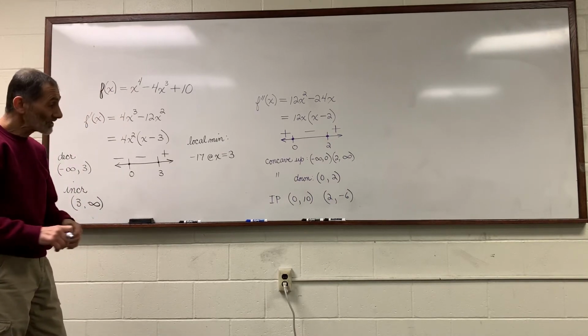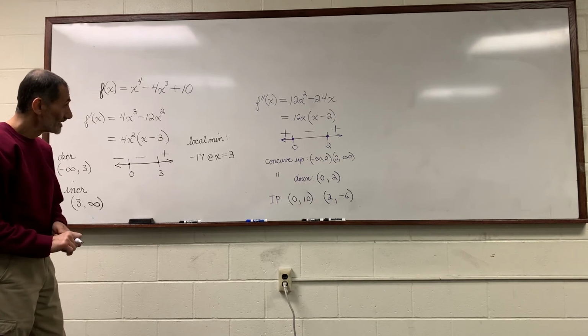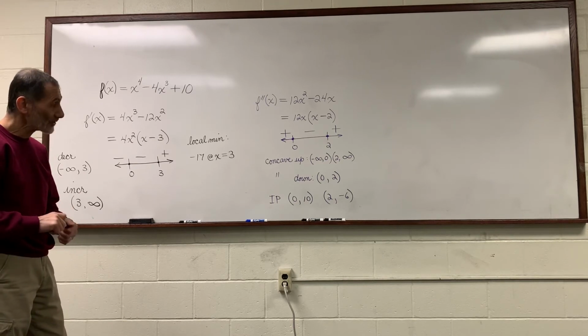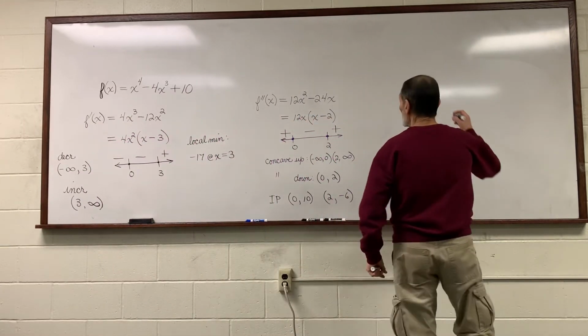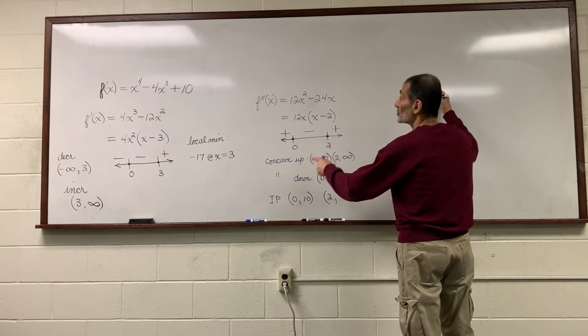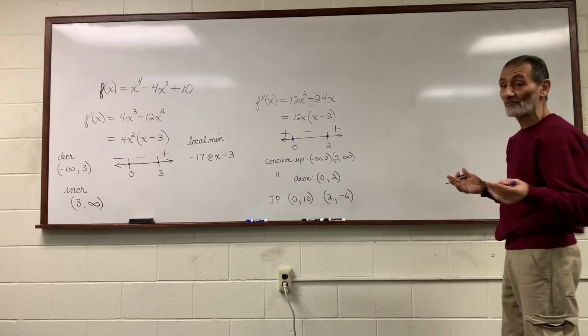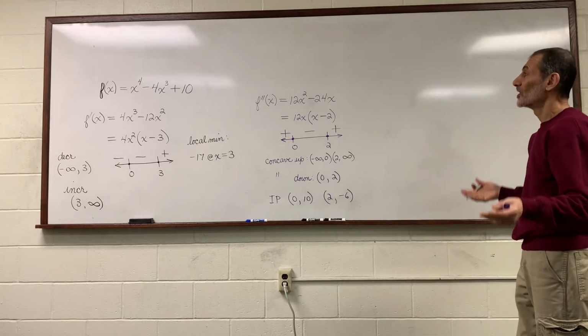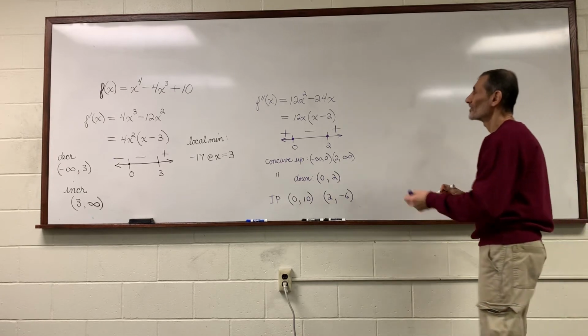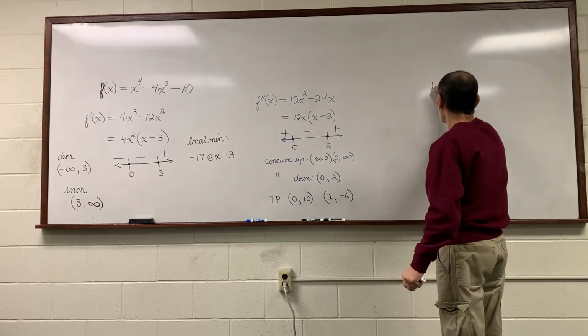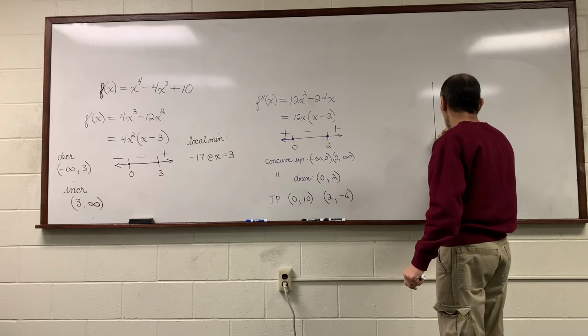So let's put this all together and draw a graph with greater accuracy than we have been able to attain previously, because we have an additional tool now. That's what we're doing. We're filling a toolbox with analytical tools for taking this function apart and figuring out exactly what is going on.